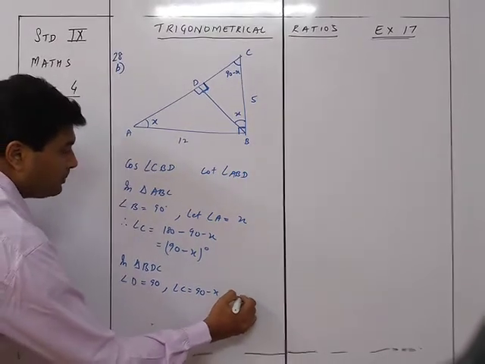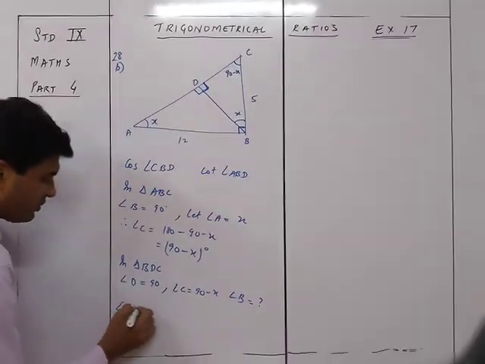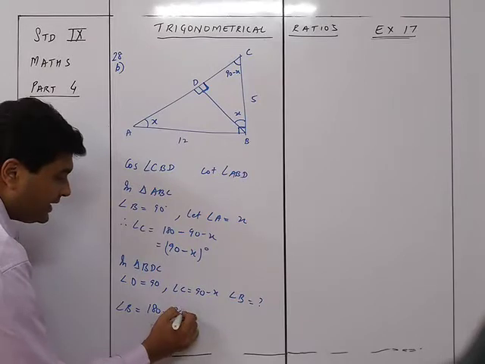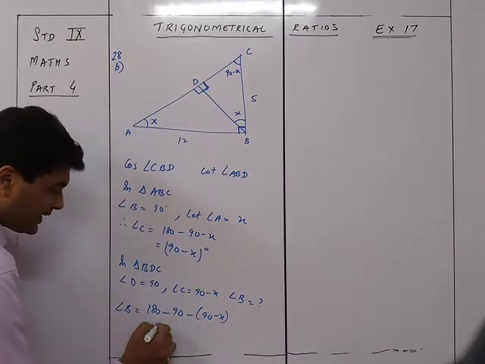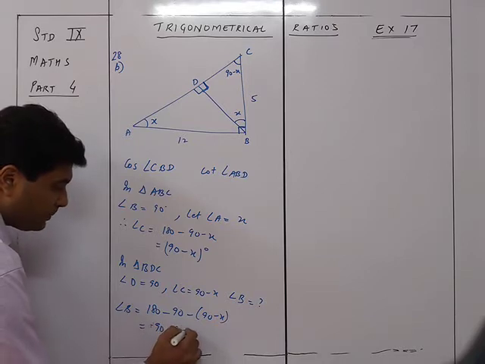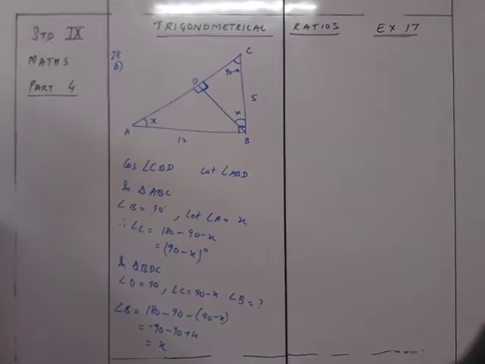So angle B is going to be 180 minus 90 minus (90 minus x). That gives me 90 minus 90 plus x, which is nothing but x. So that's why this angle is x.